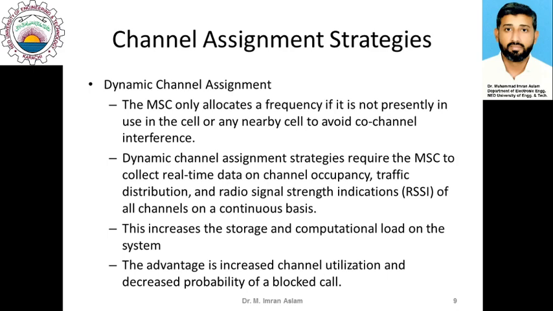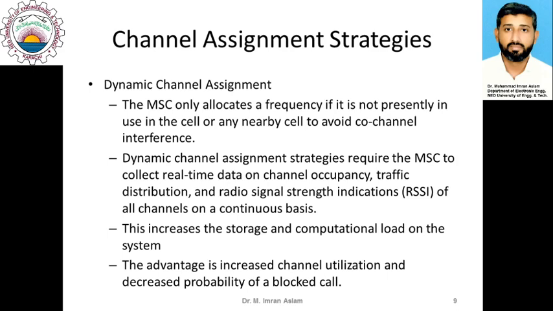Eventually, because MSC will be making lots of computation in determining the channels to be allocated to entertain a call request, it increases the storage as well as the computational load on the system.